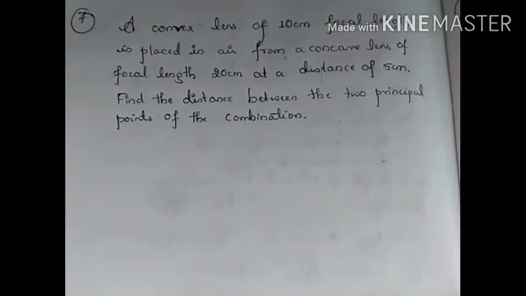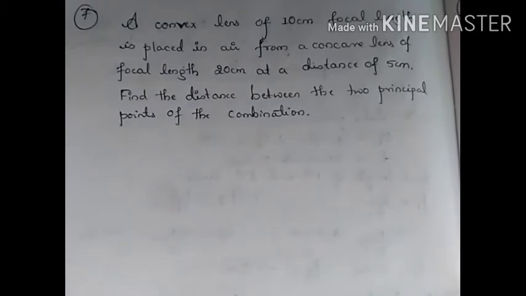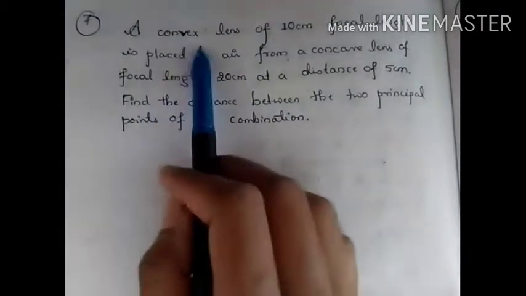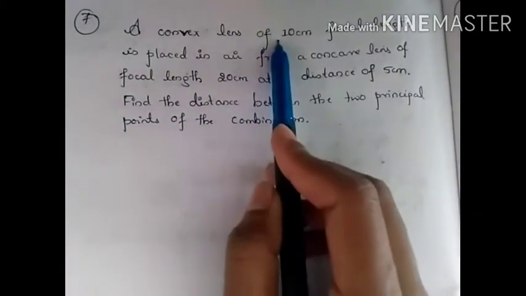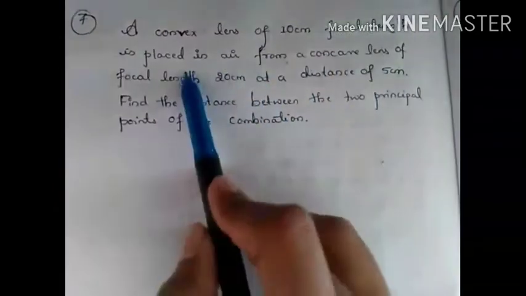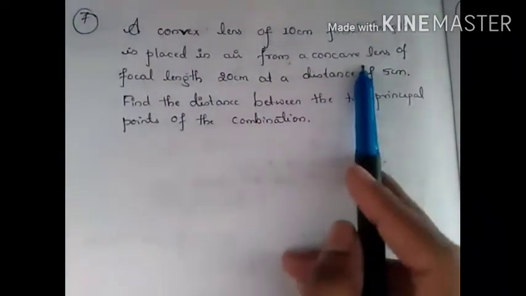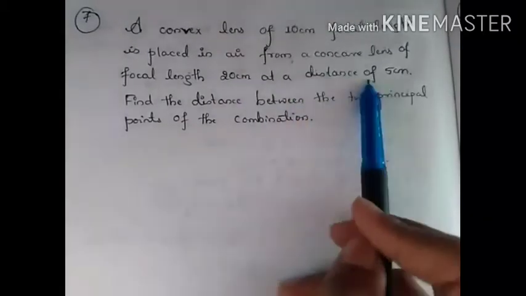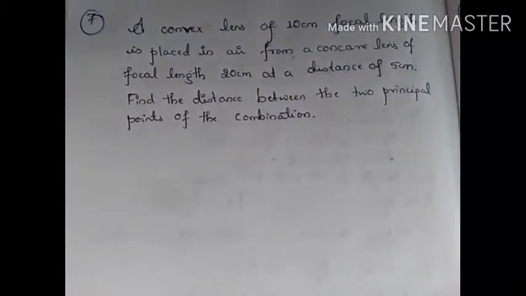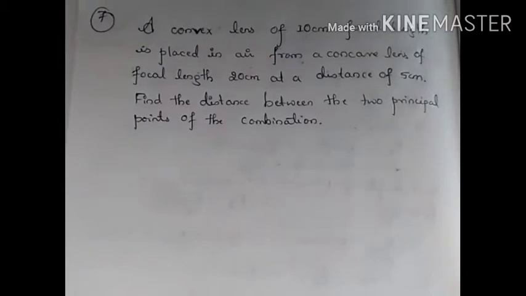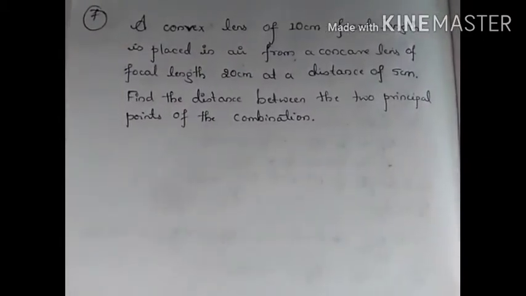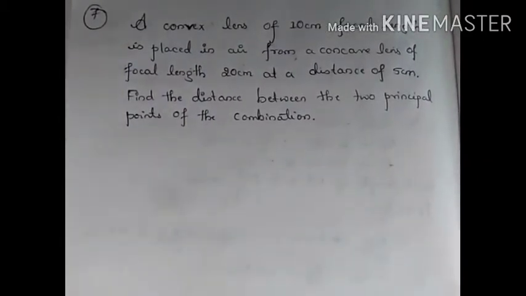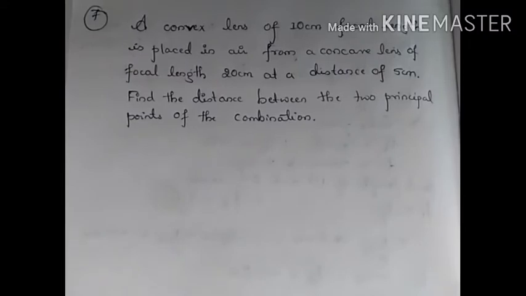After the sixth question, there is one more question. A convex lens of 10 centimeter focal length is placed in air from a concave lens of focal length 20 centimeter at a distance of 5 centimeter. So here in question number 7, we have two different lenses, a convex lens and a concave lens.